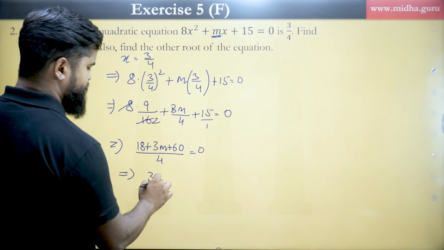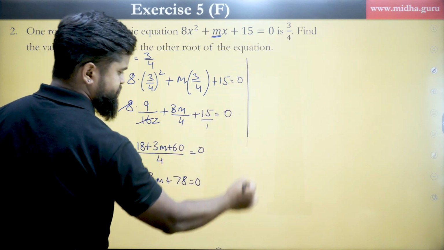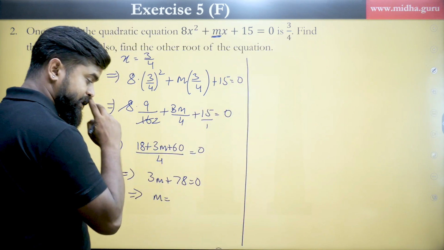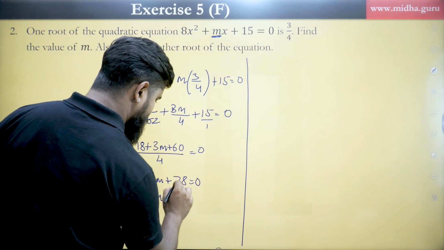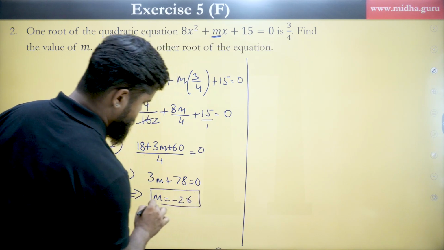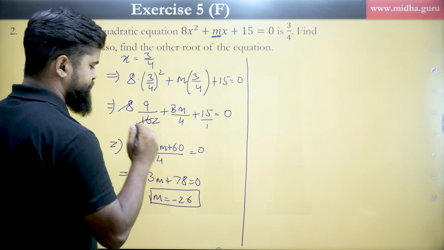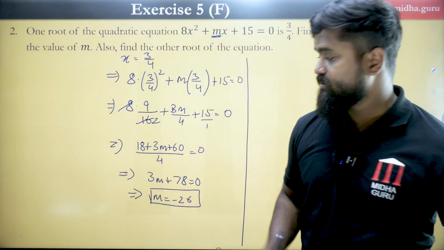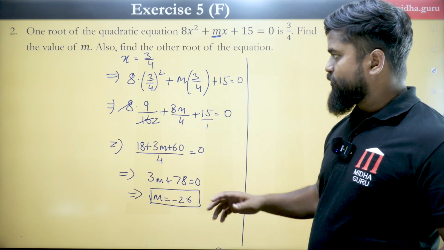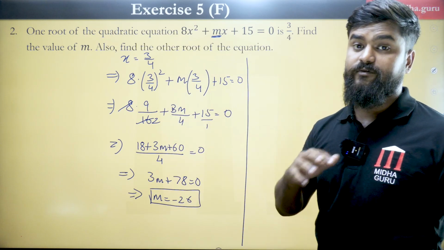So we have 3m plus 78 is equal to 0, which means m is equal to minus 78 by 3, which will give us m equal to minus 26.